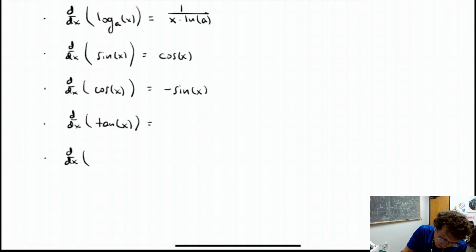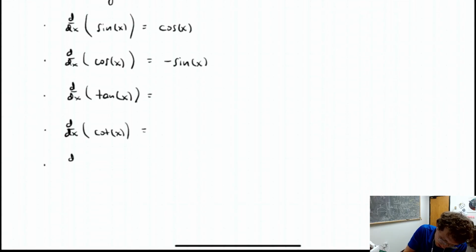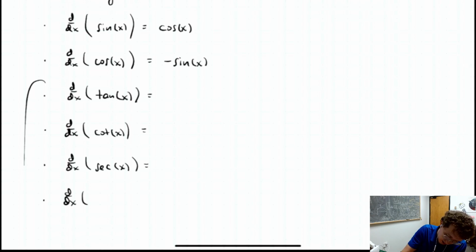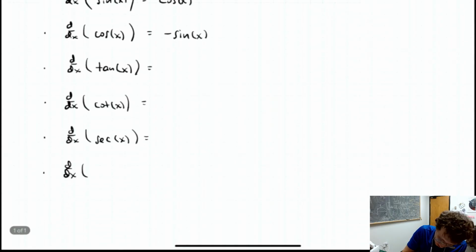It might be convenient to memorize them just so you can recall them quickly in case it comes up on the final exam. But in principle, you can deduce any of these four from these two using the quotient rule. So it is not the end of the world if you forget one of these.